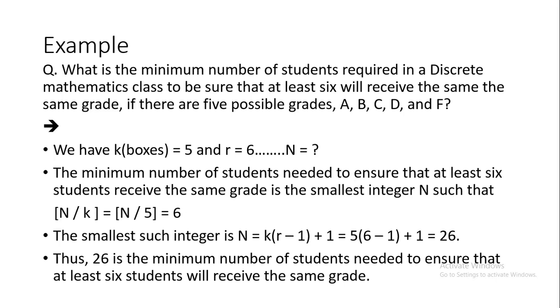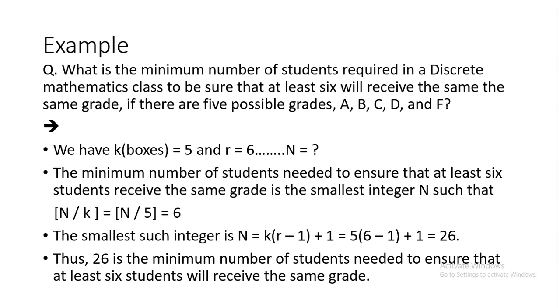We have k boxes. By using the generalized principle, k boxes is equal to 5. So k boxes are our grades here, A, B, C, D, F. R is the at least count. At least 6 will receive the same grade, that is 6. And what we have to find is n, the minimum number of students required in the discrete mathematics class.